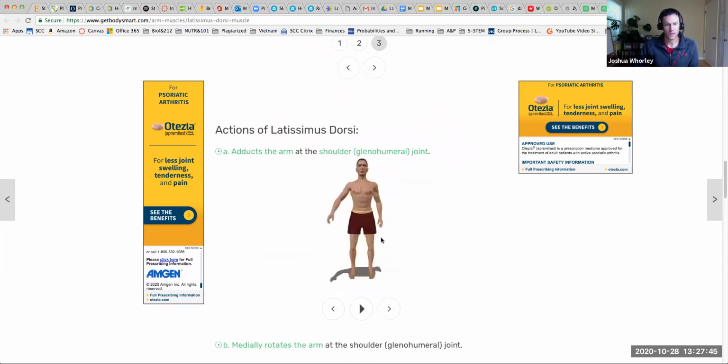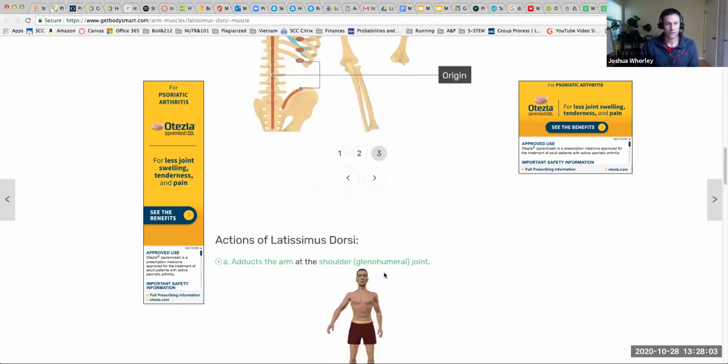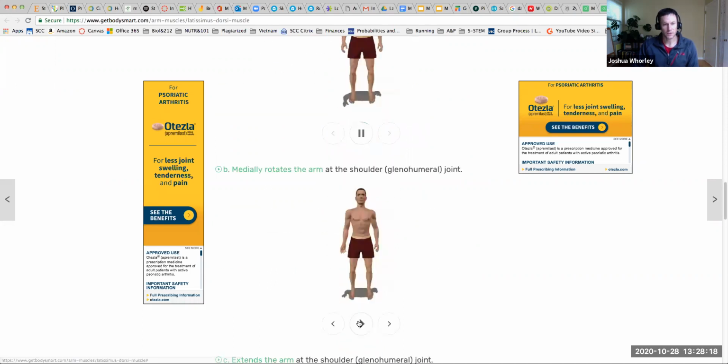So this one has some functions that are maybe a little hard to think of, but if you realize that this thing is wrapping from back to front, then anytime it's contracting, it's going to be pulling the humerus backward and medially. So it's doing some adduction. If the arm is out here, it does contribute to adducting the shoulder because it's pulling on that superior portion of the humerus. It also medially rotates the arm, again, because it's wrapping from back to front.